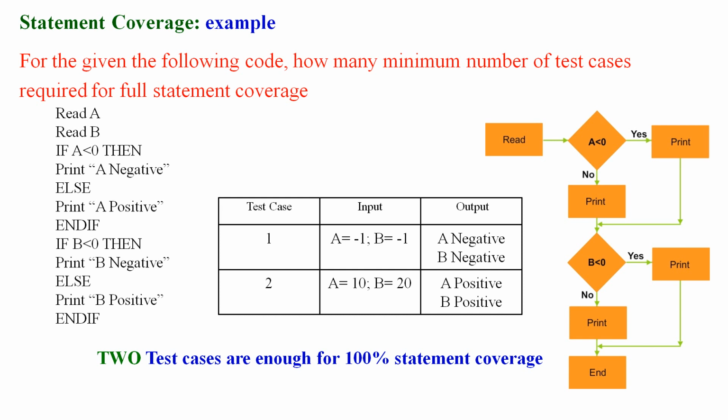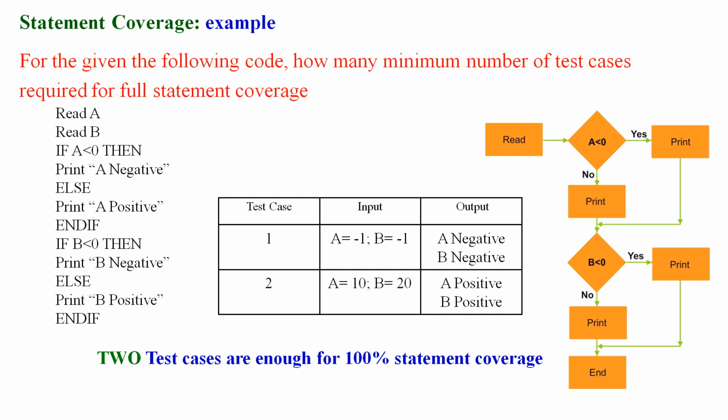For one set of input values, one test case. For the second set of input values, second test case. The test case is a document designed by the software developers, including these input values and the expected output. Right?